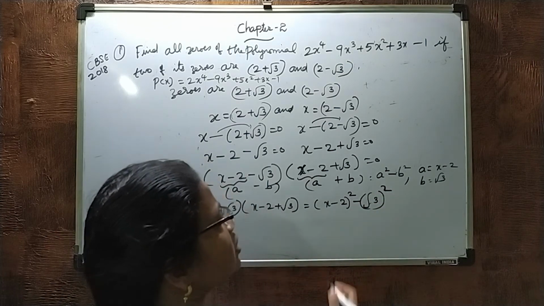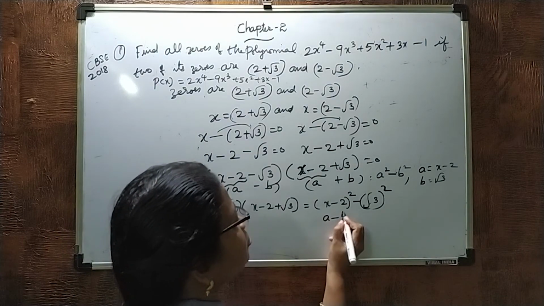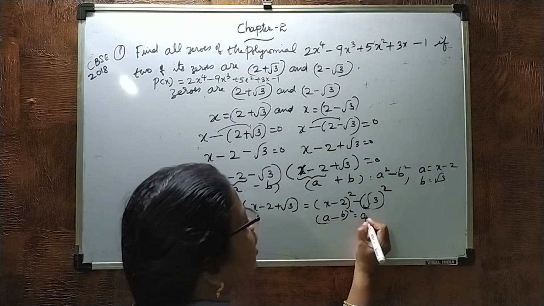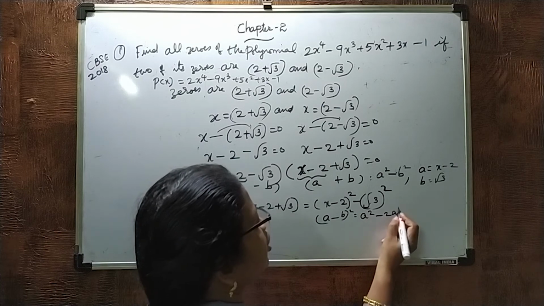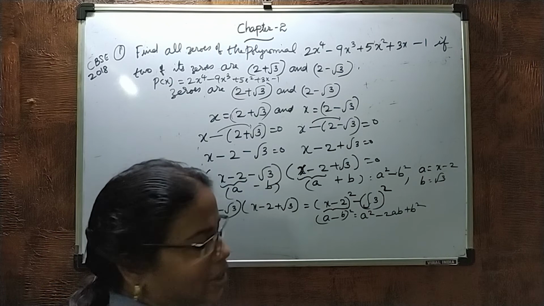Now what you have to do is expand this one. Here a minus b the whole square equals a square minus 2ab plus b square.